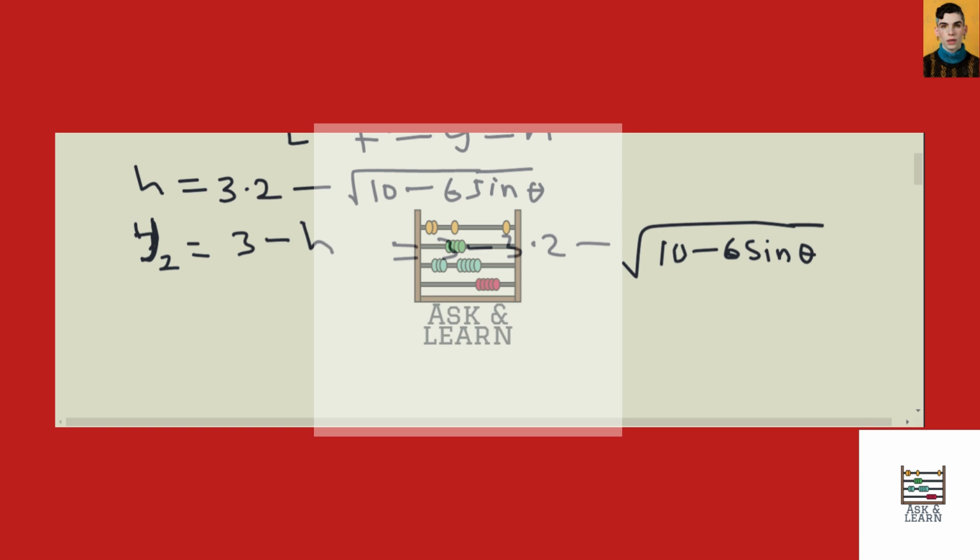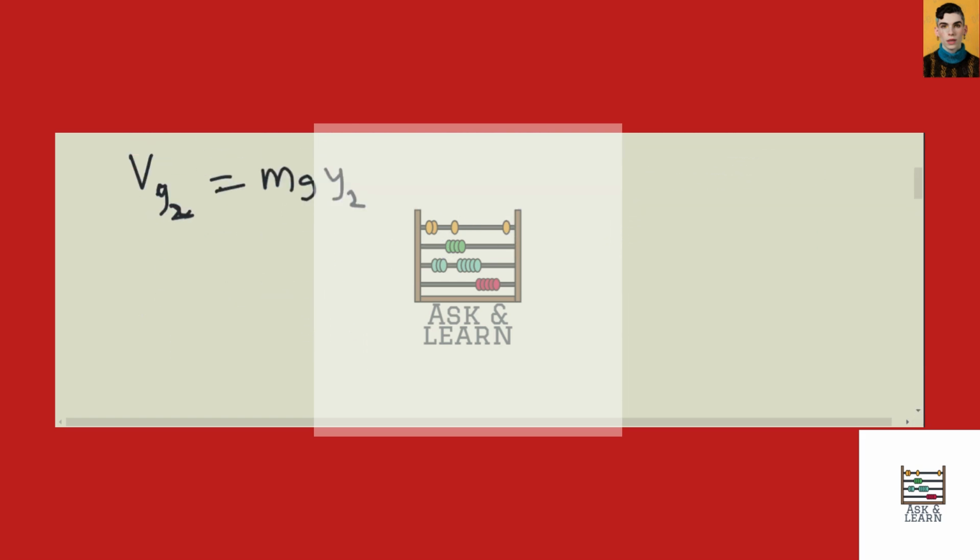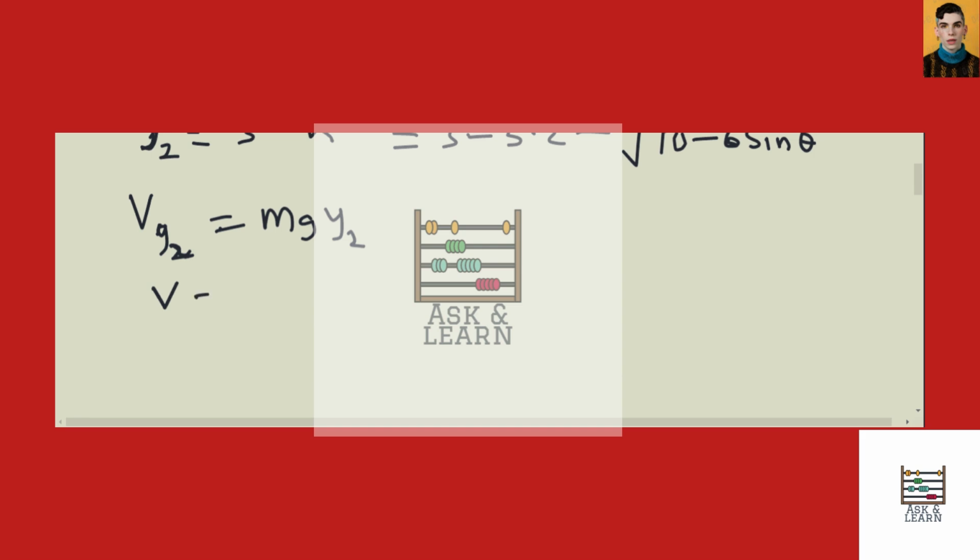If you consider the mass, the gravitational potential energy V subscript g2 is going to be equal to m times the acceleration due to gravity times y subscript 2.